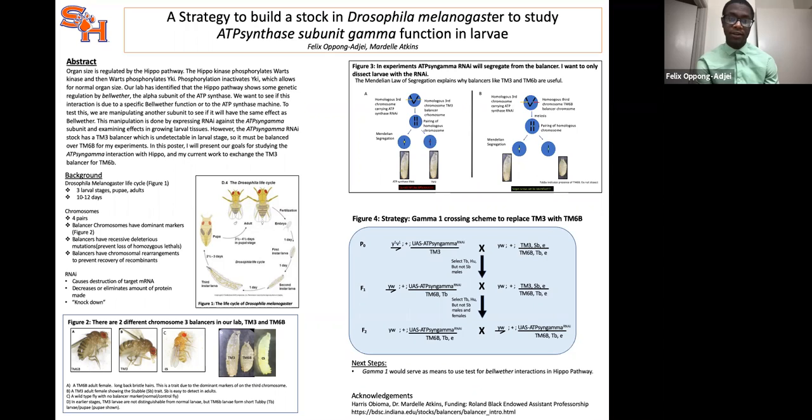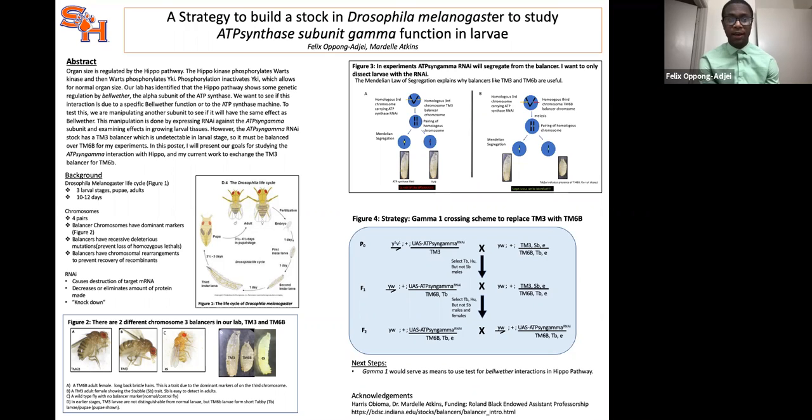So the Hippo kinase phosphorylates Warts, then Warts phosphorylates Yorkie. However, the phosphorylation of Yorkie inactivates Yorkie.